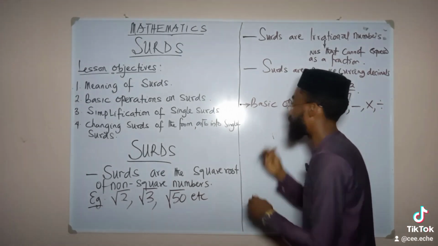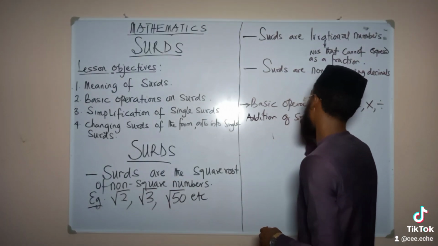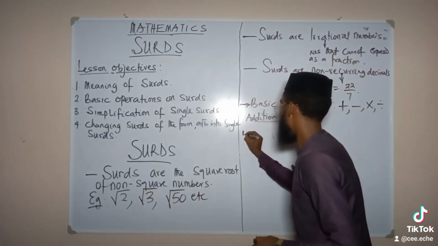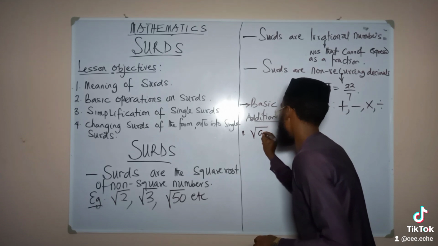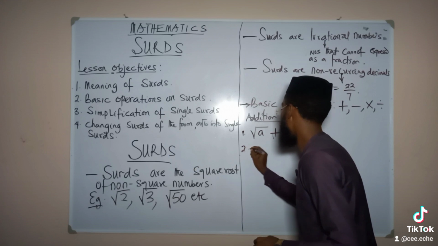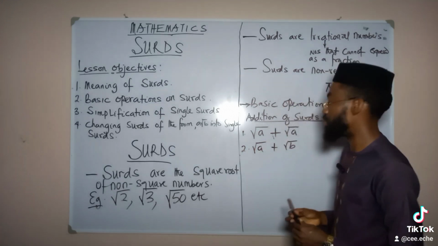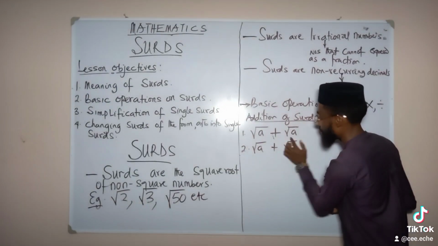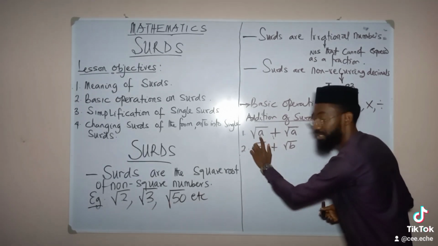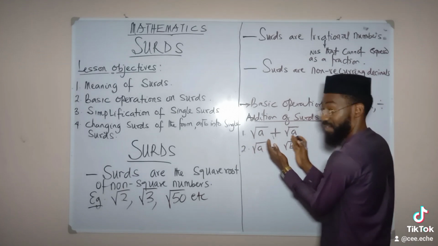Now, how do we add surds? The first thing we are going to talk about is addition of surds. For instance, if I have a surd of this nature, root A plus root A, and another case, root A plus root B, you will notice that in the first, the same number or letter is seen inside the radical symbol, which means they are referred to as like terms.